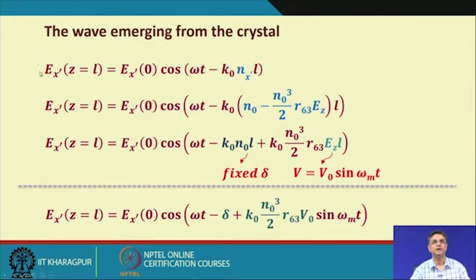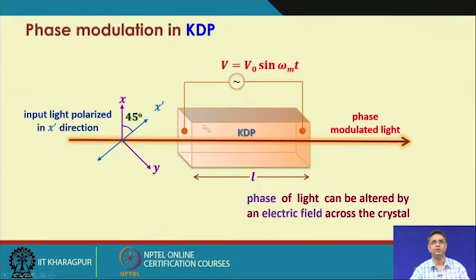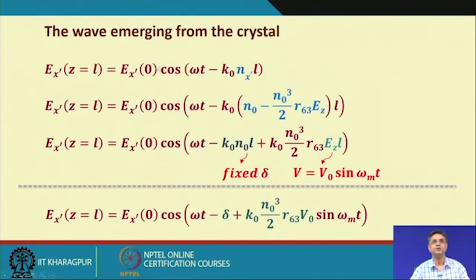So, in that case, E x dash at z equal to L will be modified from its value at z equal to 0, E x dash cosine omega t. This new refractive index multiplied by L into k 0 will be the additional phase because of the presence of the voltage.